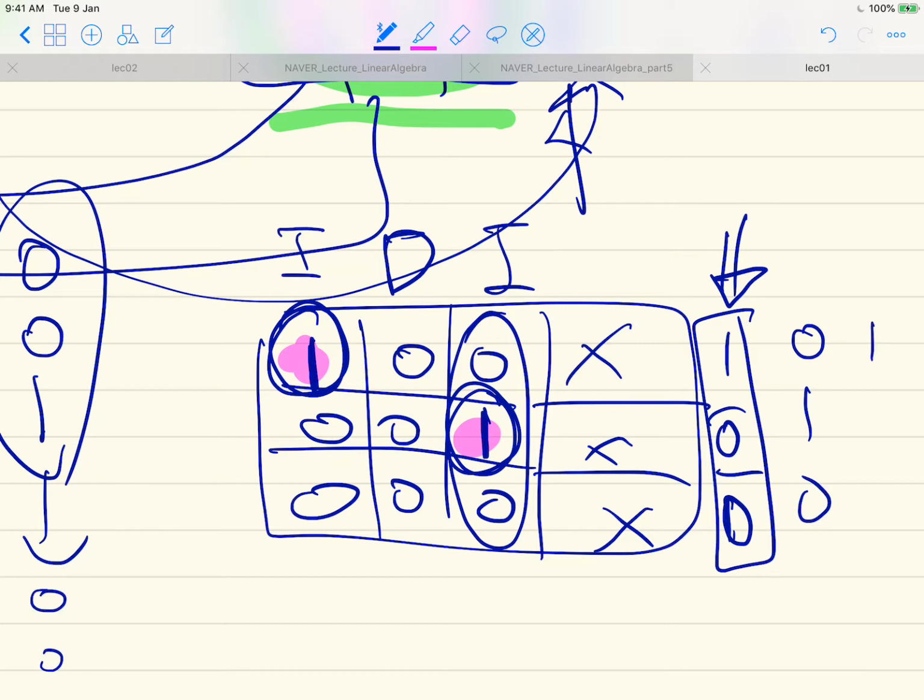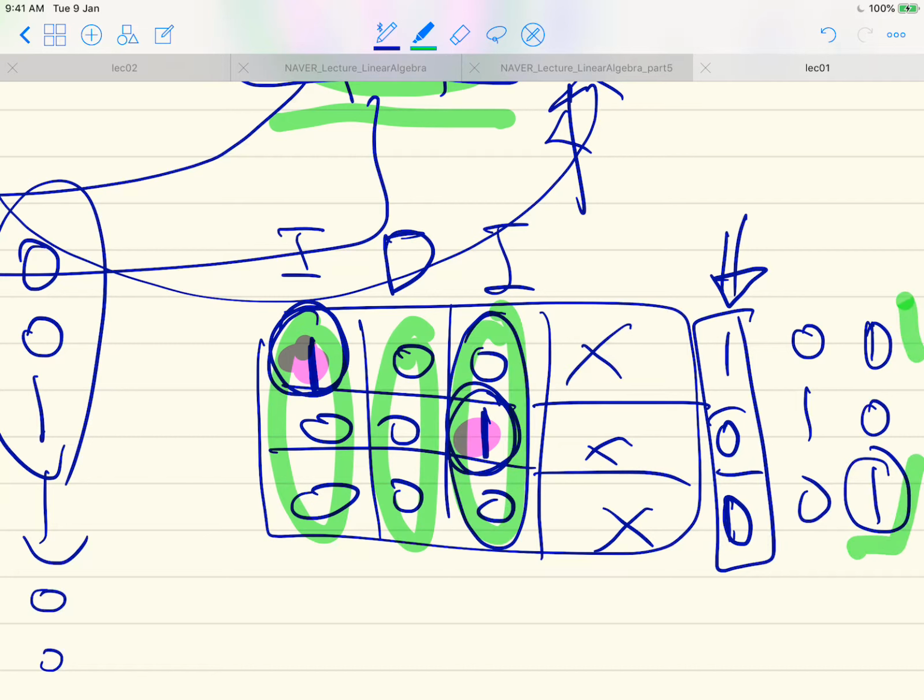But what about this guy? We cannot produce that 0, 0, 1 by using these three columns, right? Because we have no non-zero on the third dimension or third row, right?